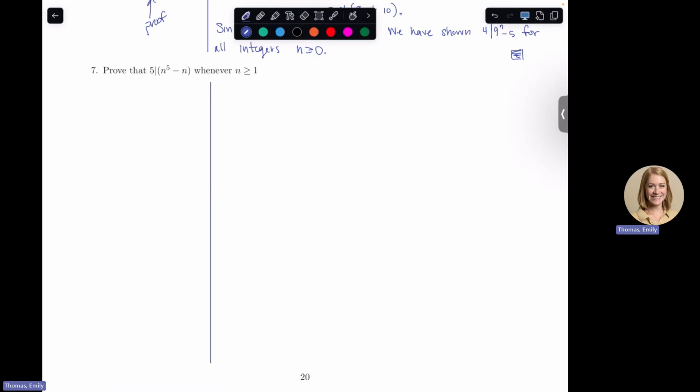The 0 is 5 times 0. There is an integer, yeah.